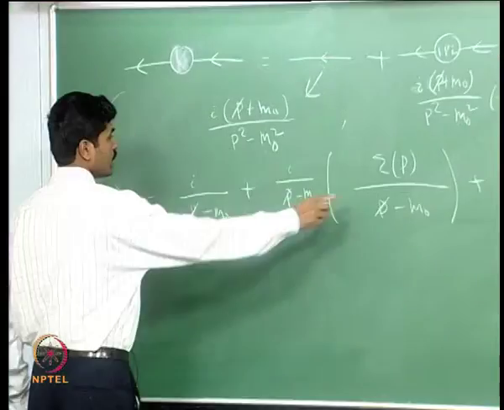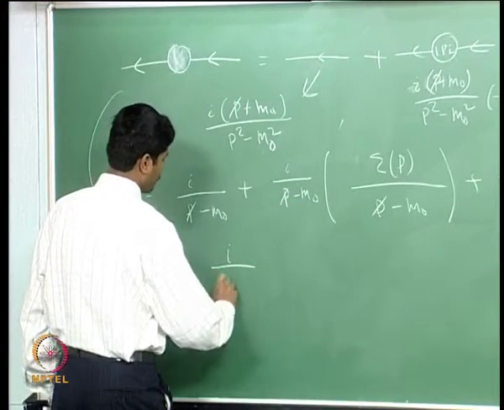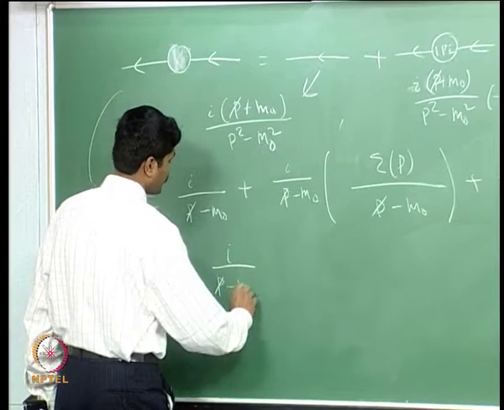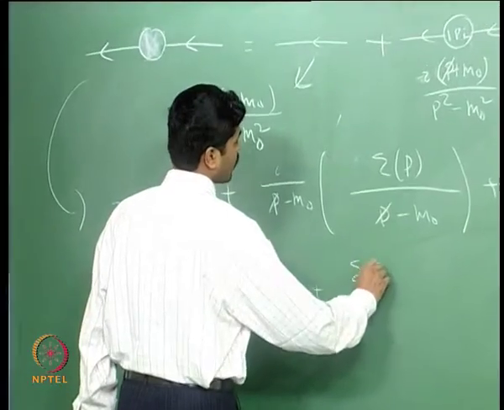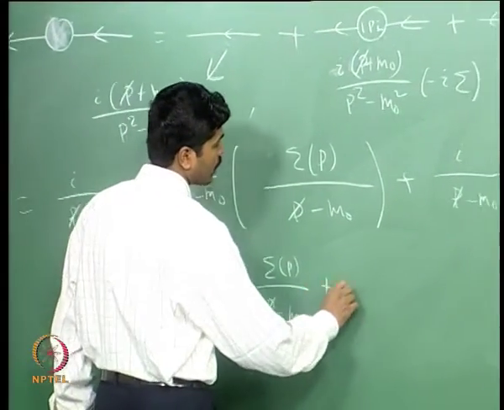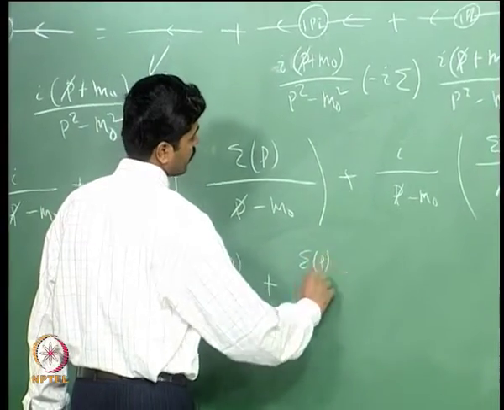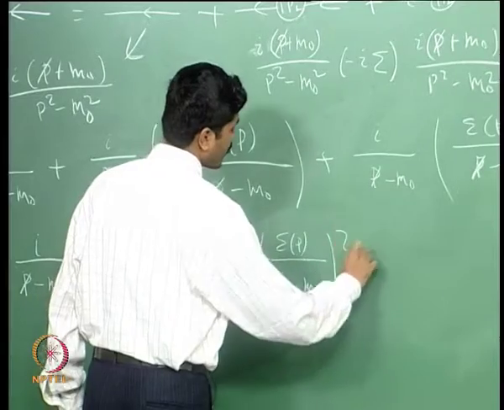So this you can of course write as i divided by (p-slash minus m0) times 1 plus sigma p over (p-slash minus m0) plus sigma p over (p-slash minus m0) whole squared, and so on.